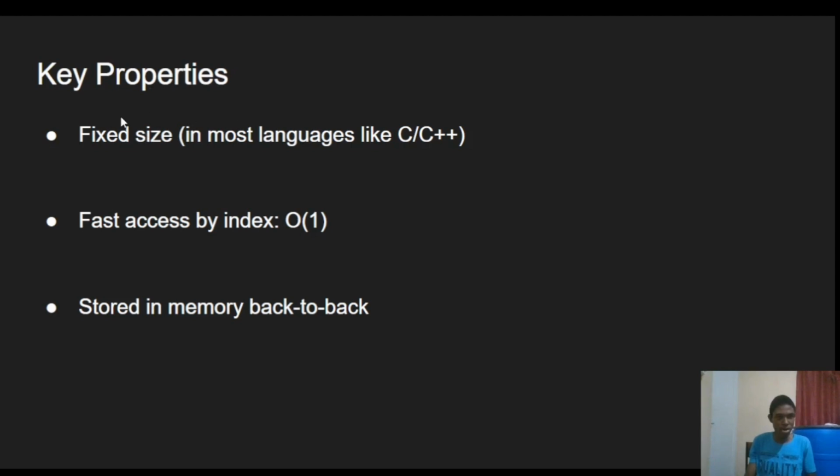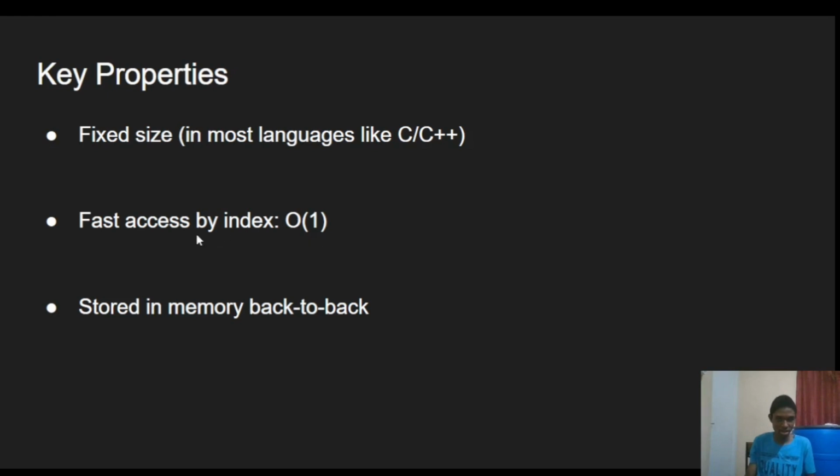Here are the key properties of arrays, guys. So in most languages like C, C++, and Java, arrays are fixed sized, so they can only contain a specific number of elements or items. It's fast access, right?